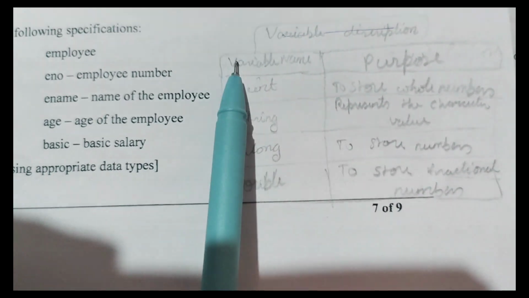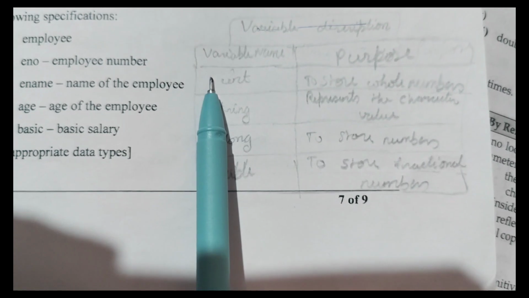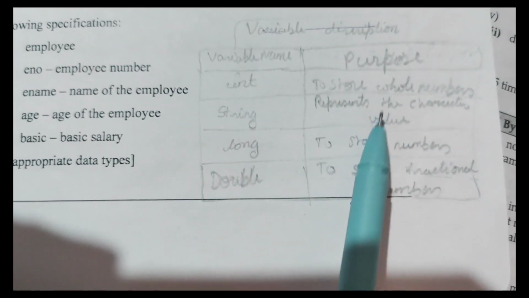Now, so what we are declaring are the variables. So how should we declare the variables? Here, int is used to store whole numbers. String represents the character value.